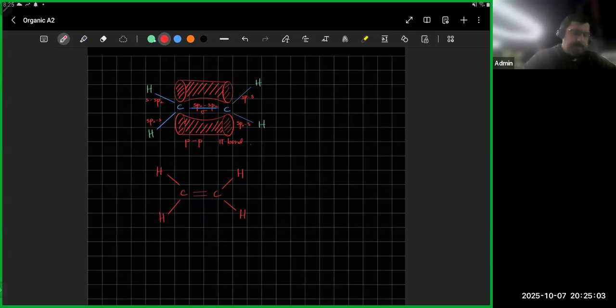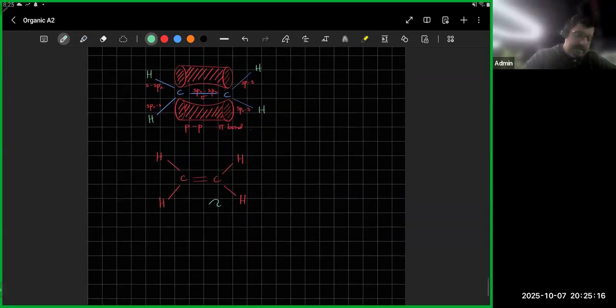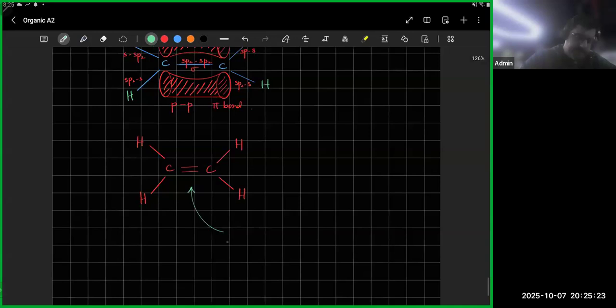Now the important thing is, the thing that they're going to ask you very frequently, and they're going to compare it with benzene as well. Alkenes have a very high charge density double bond. The negative charge is very, very concentrated at this point.